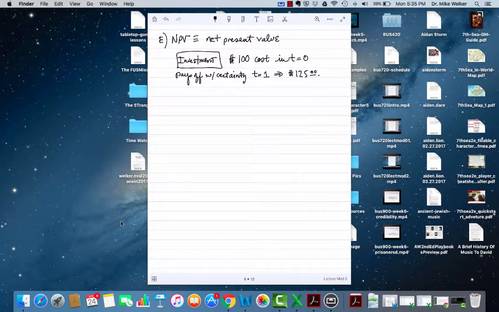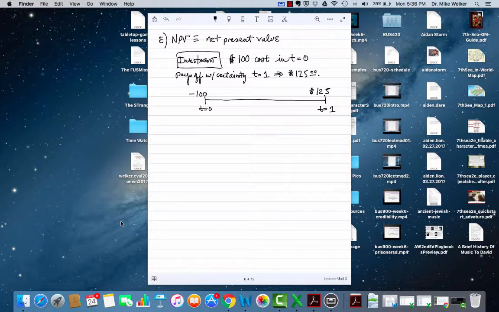You can illustrate this with a cash flow diagram. At time period T equals 0, you spend 100. At time period T equals 1, that's the whole world passing into that new time, and you get a payoff of 125.